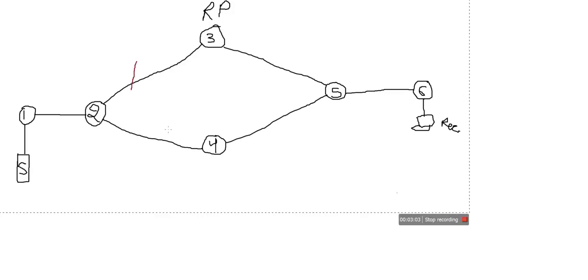For some reason this part of my routing is not stable. So if the receiver is registered here as star comma G, but the S comma G entry is not with the RP, what will happen? Will there be any communication from the RP to the receiver that for some reason I don't have availability of the source you are asking for?